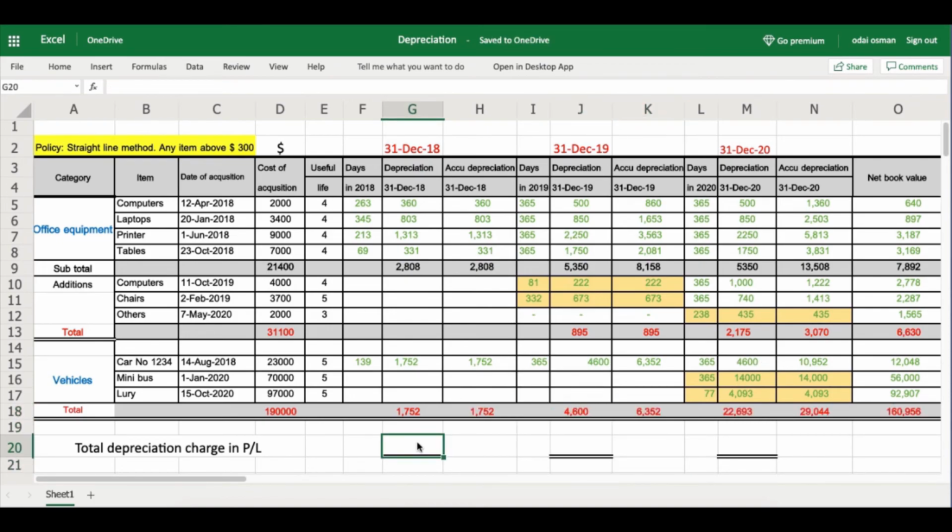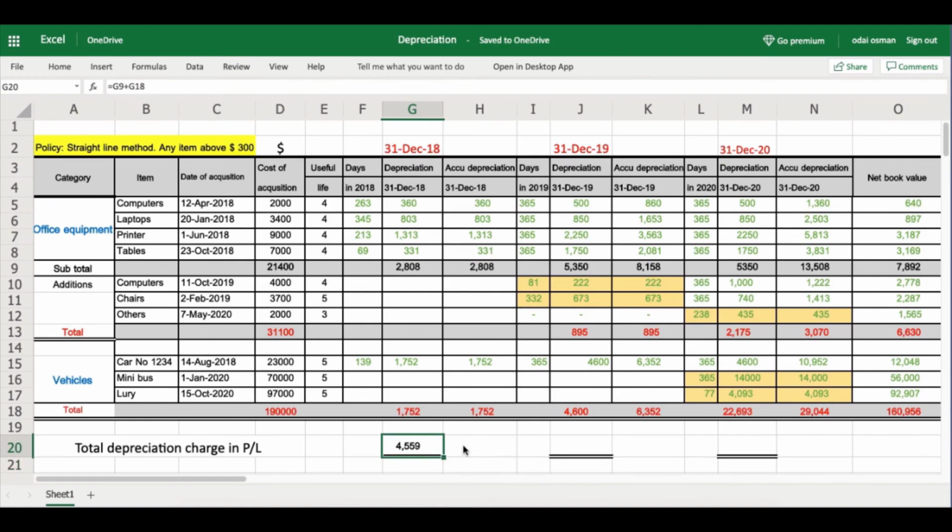Depreciation impact on profit or loss for each year. In 2018, the impact of depreciation would be equal to the total of depreciation on office equipment plus the total of depreciation on vehicles would give out this amount.